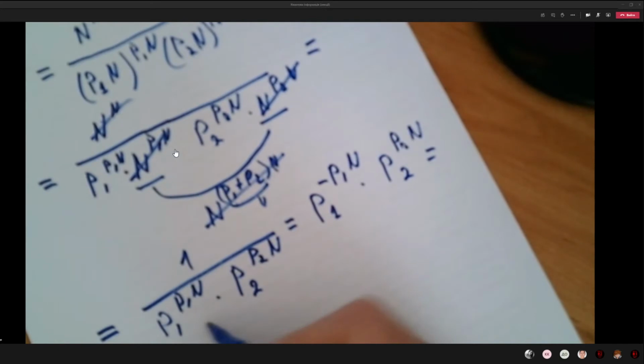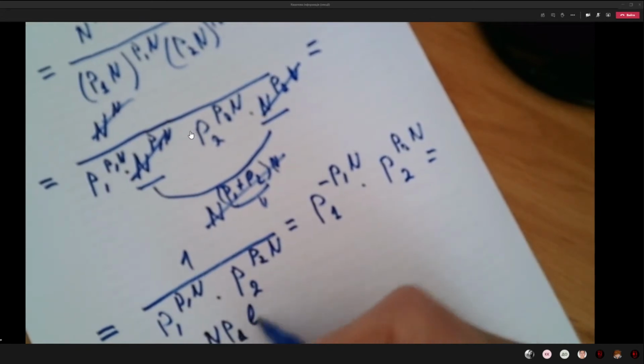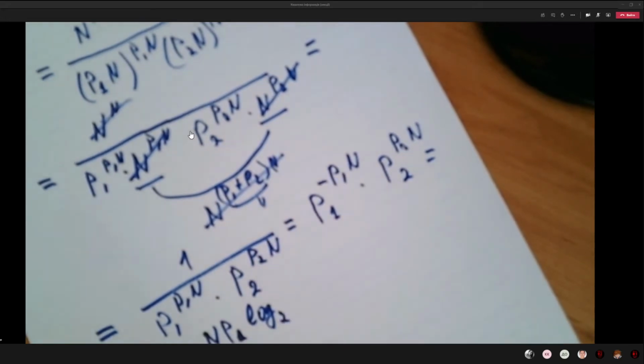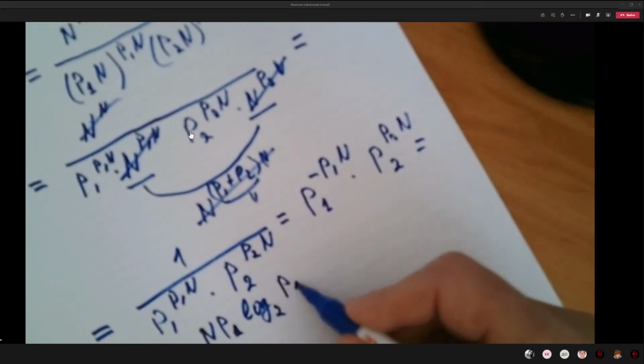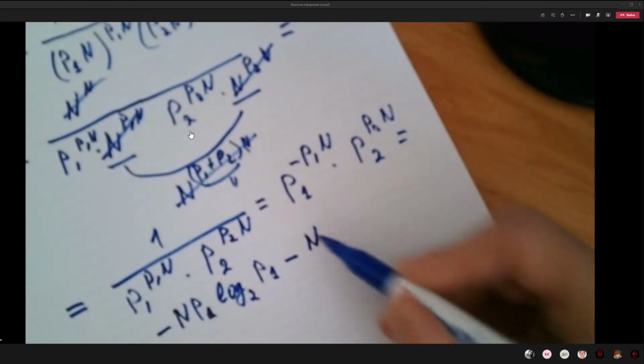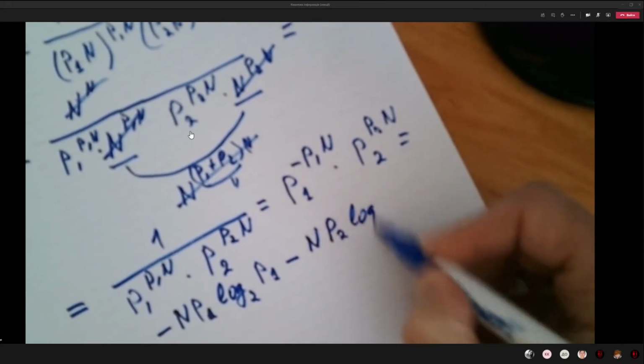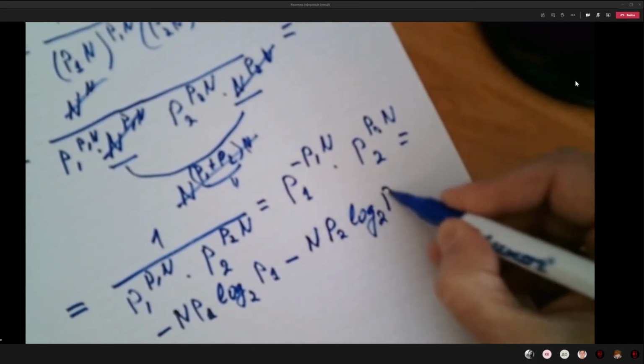So it will be minus n p1 log with base 2 of p1, and minus n p2 log with base 2 of p2.